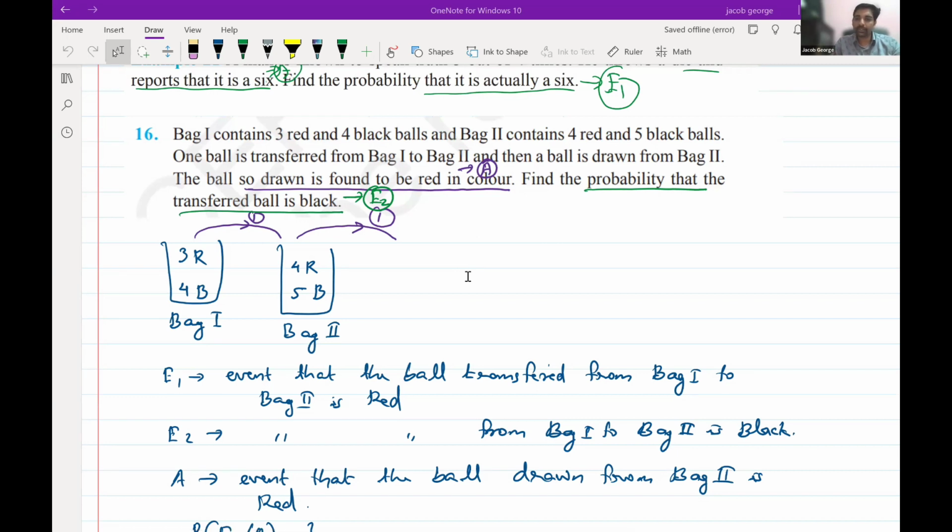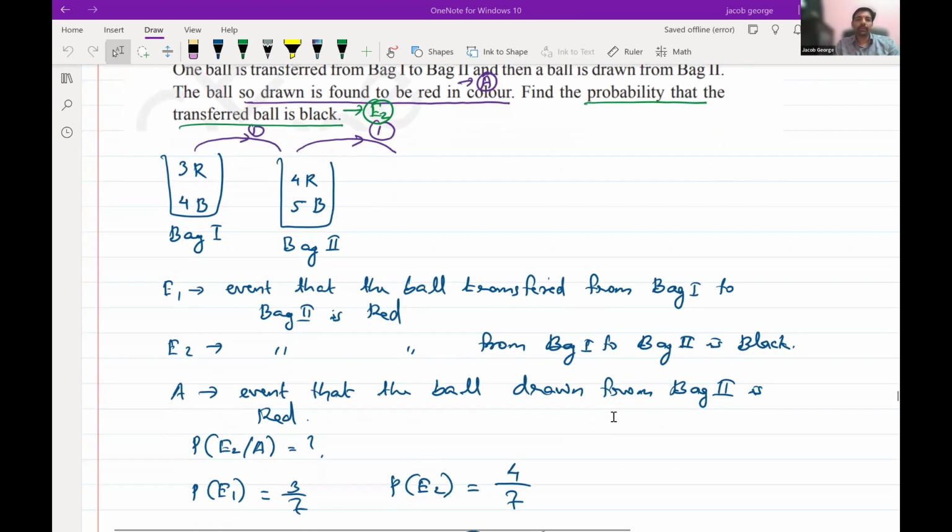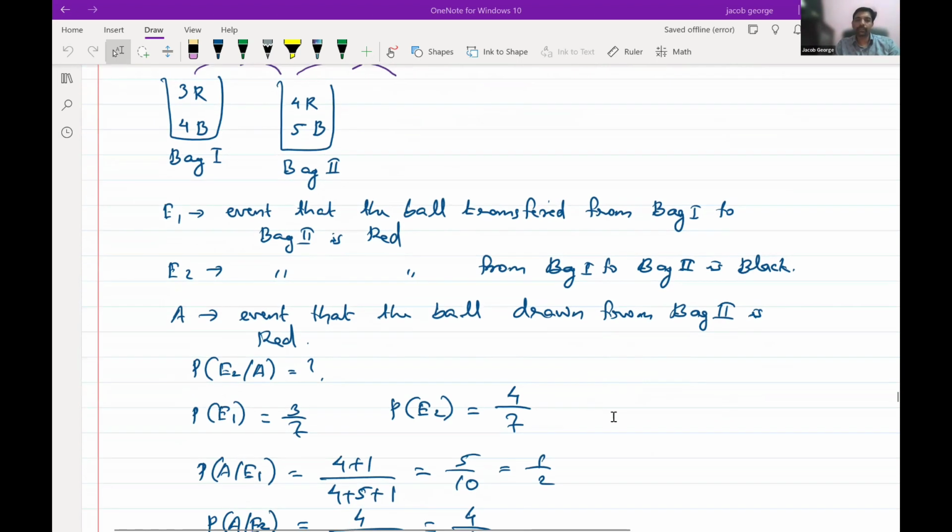Based on the last sentence, we understood: E2 is the probability that the transferred ball is black. The transferred ball from bag 1 to bag 2 being red is E1. The given event is that the ball drawn from bag 2 is red. Now the question is to find P of E2 given A. So we'll write all the factors.